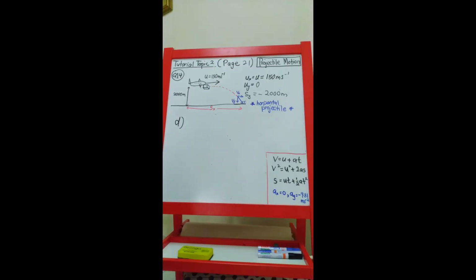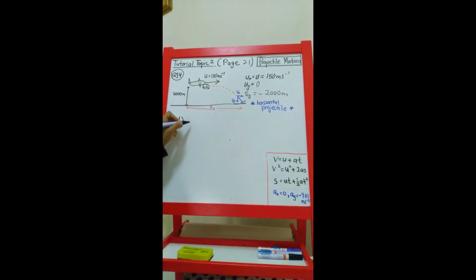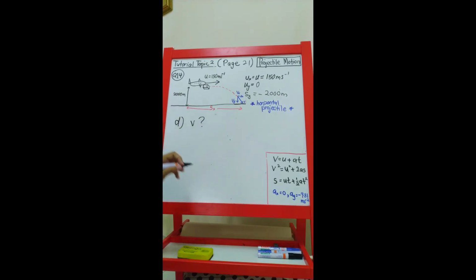So for part D, it asks you to find the velocity of the box when it strikes the ground. So it actually wants you to find v. The formula for magnitude is this one.